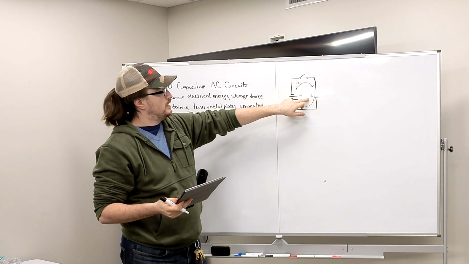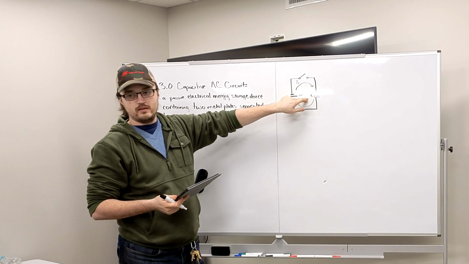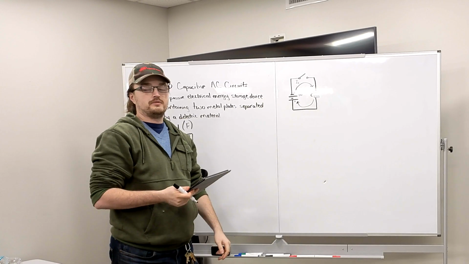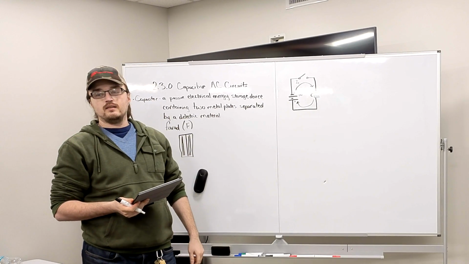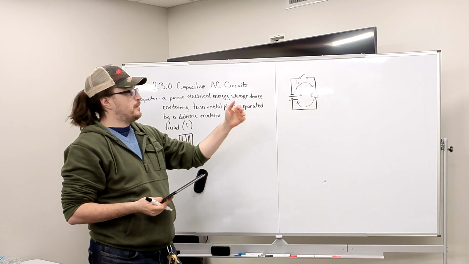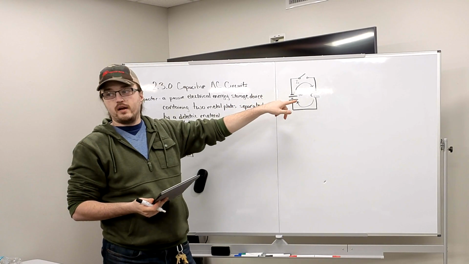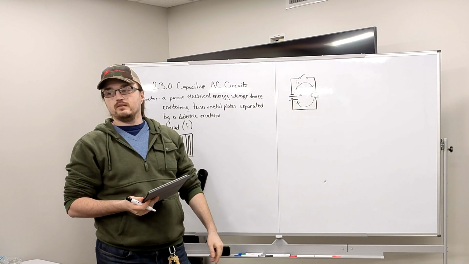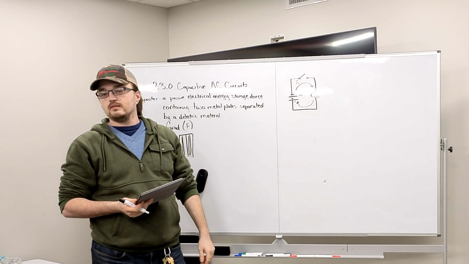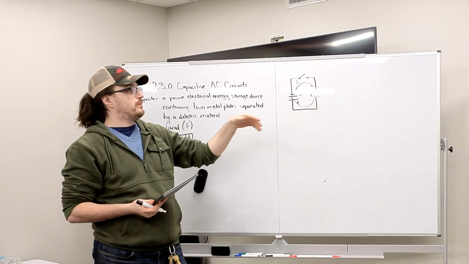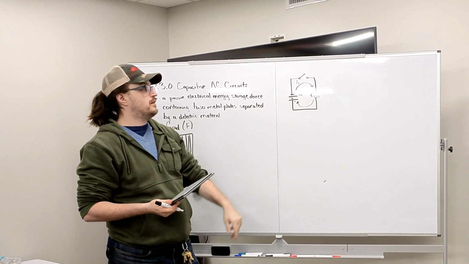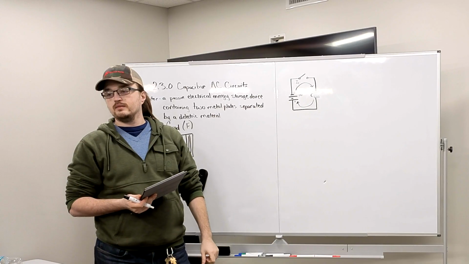Now, when we cut the power and let the capacitor drain, which way is the current going to flow? Which way will the current go after we cut off the power supply?